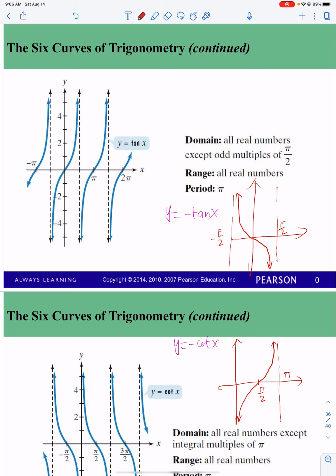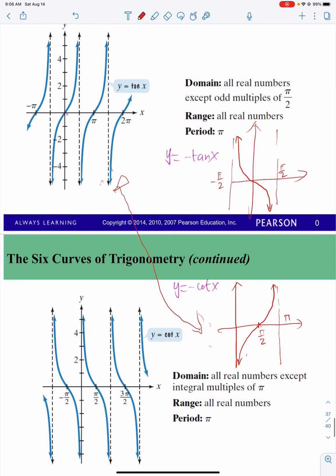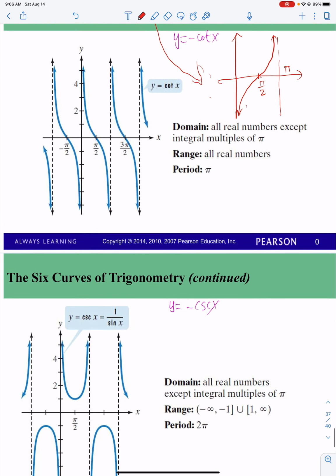This is pi over 2. And you need to be super careful between tangent and negative cotangent. So what will be the difference? This one goes through 0, and this one goes through pi over 2. Okay, you guys need to be super careful. Whether it goes through 0, it will be tangent. Go through pi over 2, that will be cotangent. And it's very similar when you find a negative cotangent and the tangent.